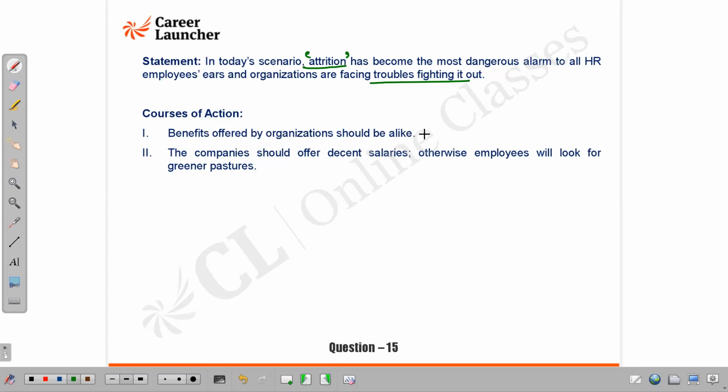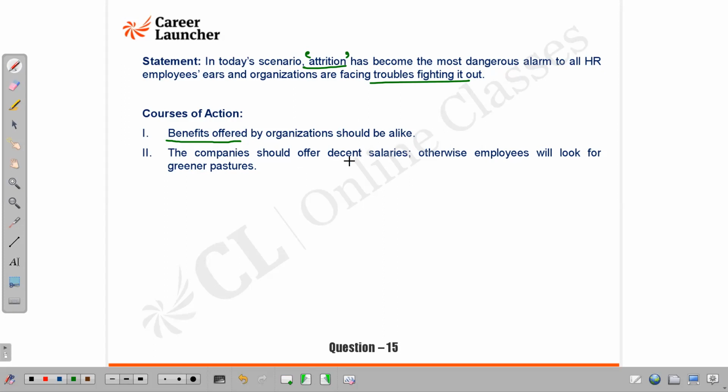Should be alike, impractical, but isn't that the only sensible solution, that benefits offered? Because these benefits can be monetary, work schedule related, location oriented, growth related, suitable project related, etc., etc. So he has used a very umbrella word for it. So benefits offered by organizations should be alike, which is good.